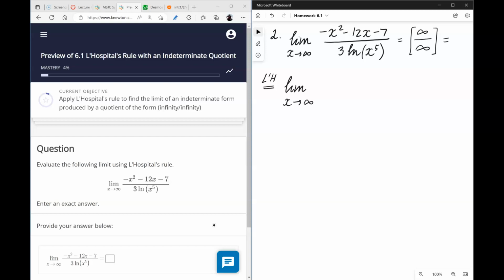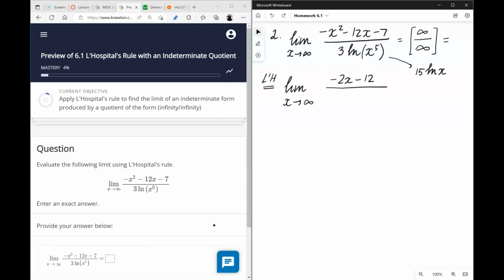So the derivative of the numerator is negative 2x minus 12. The derivative of the denominator is, and here we can use the property of the log and rewrite this as 15 ln x, just by taking the 5 from here outside.